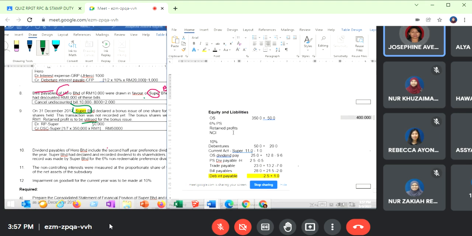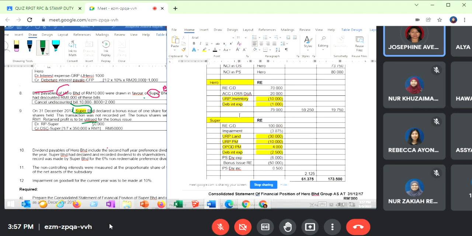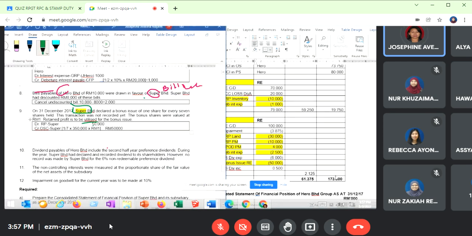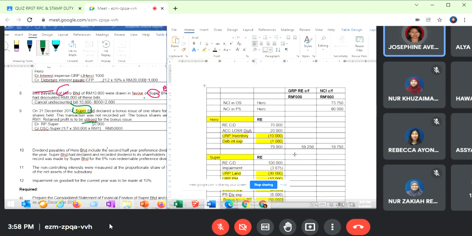Then we go to another item, that's the retained profit. The retained profit here will be debited, reduced. So we go to the schedule, Super bonus issue 50,000. The retained profit is debited, minus. If it is Hero, then you will adjust the retained profit of Hero.